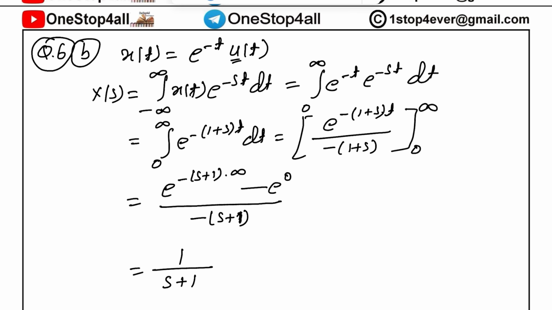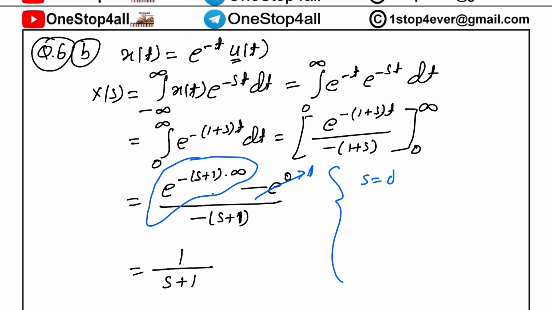Okay. Now, for the ROC, here we can see this portion, e to the 0 means this will be 1. What about this other portion?